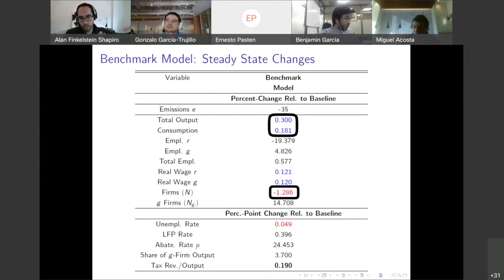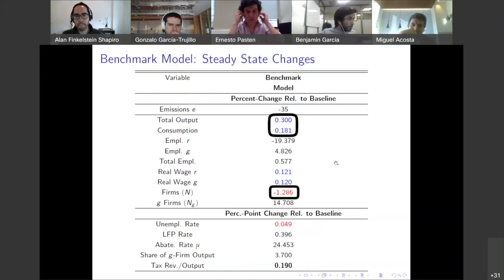So this is the reallocation of employment. The abatement rate increases from roughly 0% to roughly 25%. So, Miguel, going back to your point, this is basically continuous, right? And finally, the tax revenue to output ratio goes from obviously 0% with a zero tax to 0.2% of GDP.